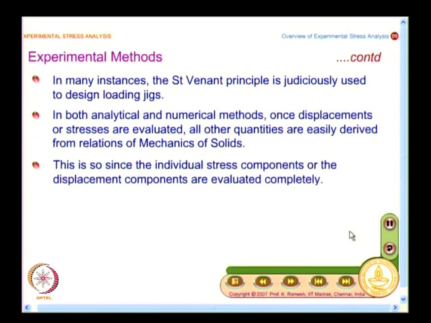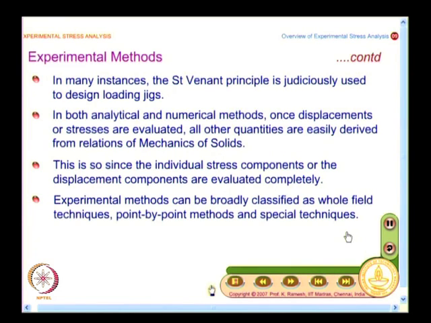This is primarily because I know all the stress components by an analytical method, then I proceed. In a numerical method also, when I solve, I get all the stress components evaluated, then I go for strain and displacement, which is not the case in the case of experimental technique, because experimental technique exploits a physical principle for measurement.